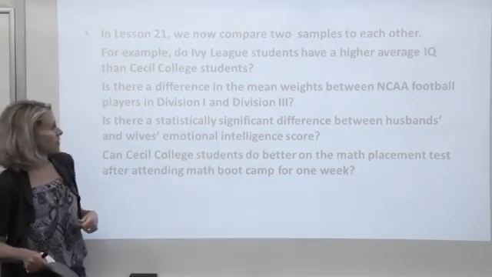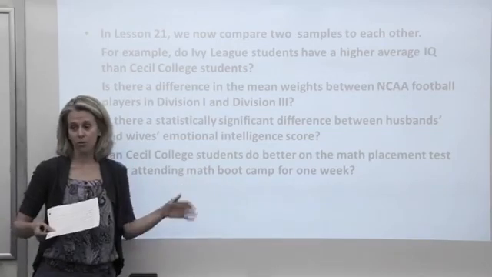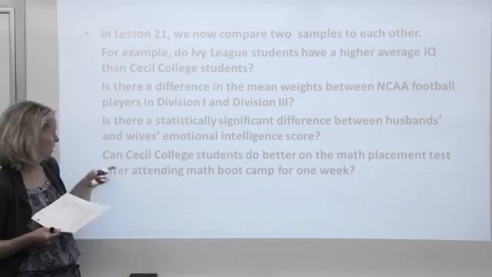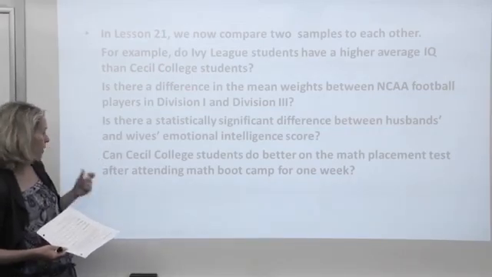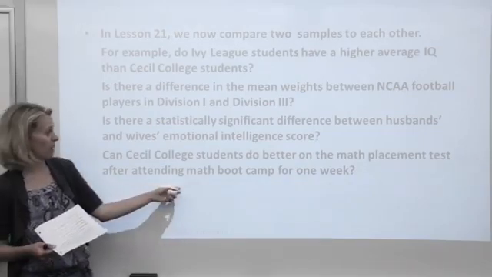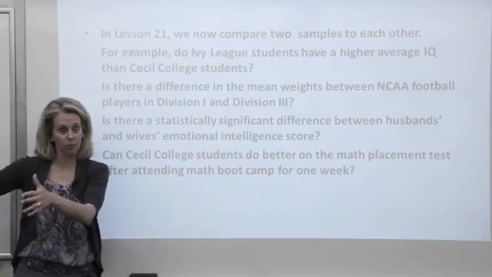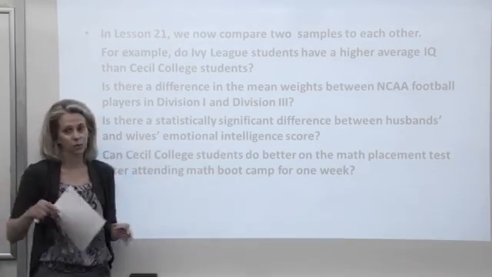Is there a statistically significant difference between husband and wife's emotional intelligence score? So you'd be, again, looking at two groups. And finally, can Cecil College students do better on a math placement test after attending a math boot camp for 1 week? So we might look at their test scores before the math boot camp, compare them to their scores after. So again, two sets of information.